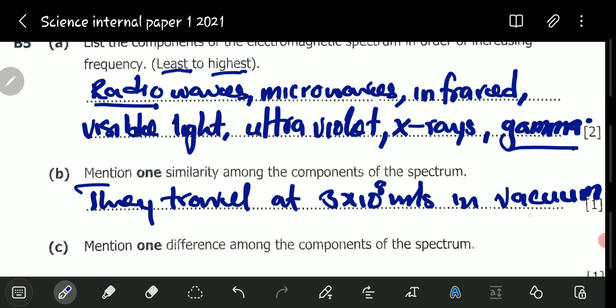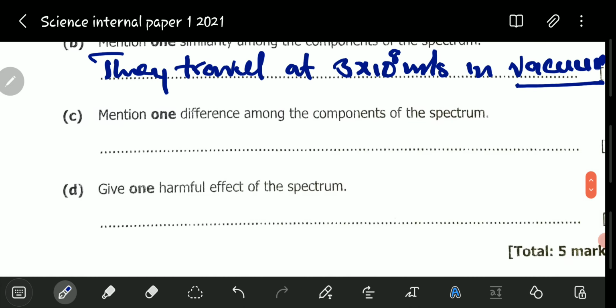For this one, once you leave out vacuum, your answer is wrong. So take note. It's better you go with the easier one: they undergo reflection, refraction, diffraction. Let's proceed.